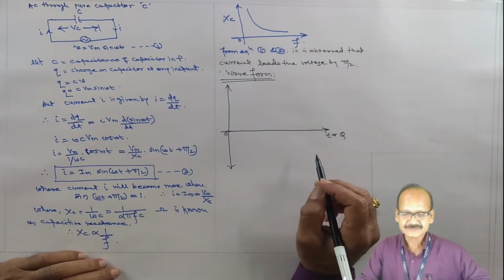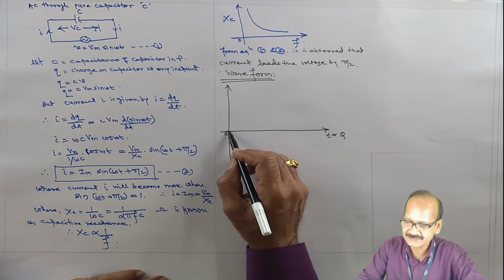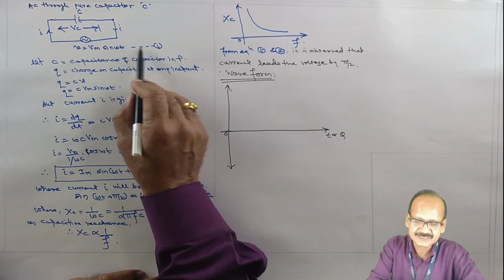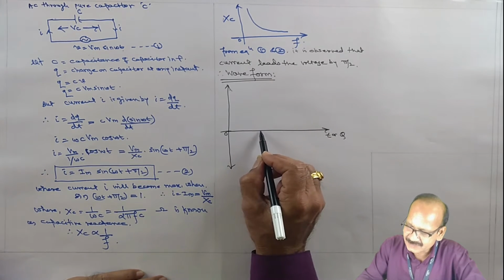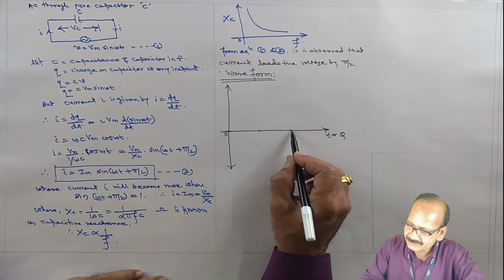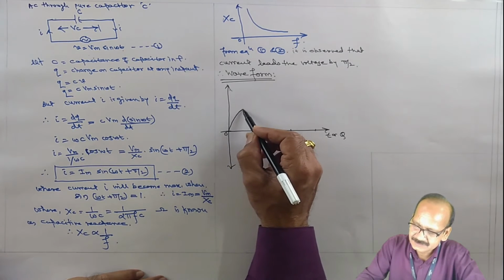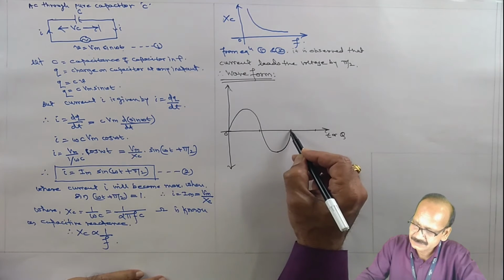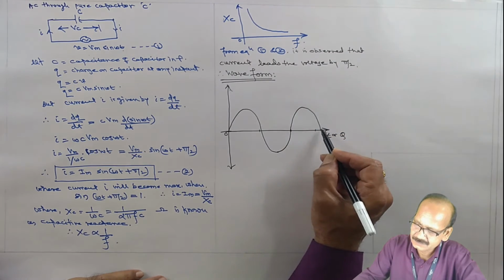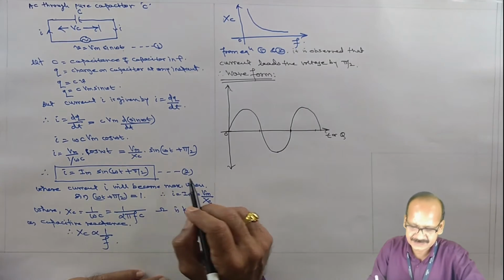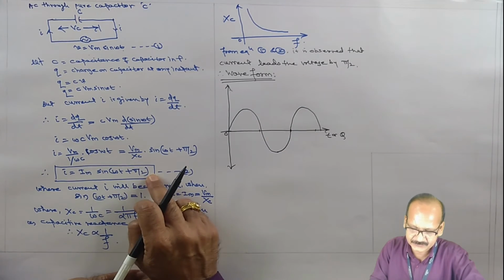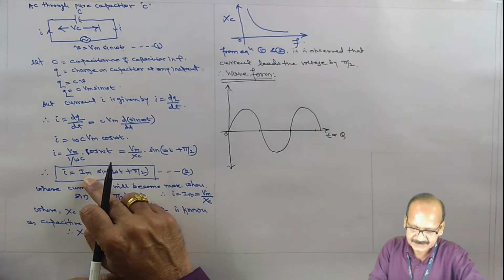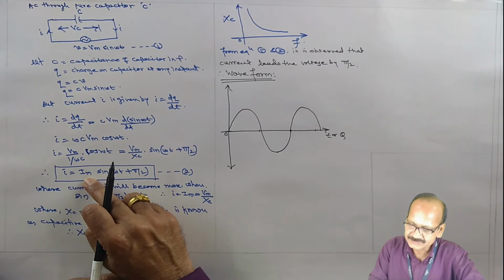Now at the origin, if you put t equal to 0, voltage will be 0. So equation 1 is the reference quantity, and therefore we can show it like this. Say this is the voltage waveform. Then current is from equation 2. When t equal to 0, current is maximum and it has a positive value.